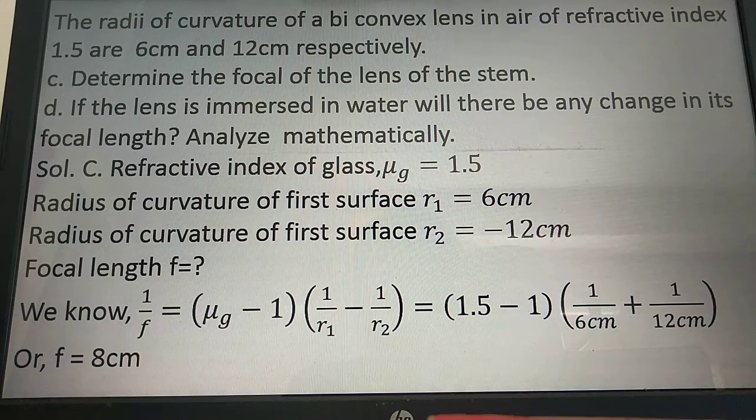Therefore the focal length: we know the formula, 1 upon F is equal to (mu g minus 1) into (1 upon R1 minus 1 upon R2), that is (1.5 minus 1) into (1 by 6 cm plus 1 by 12 cm), that is F is equal to 8 cm. We found the focal length F is equal to 8 cm.